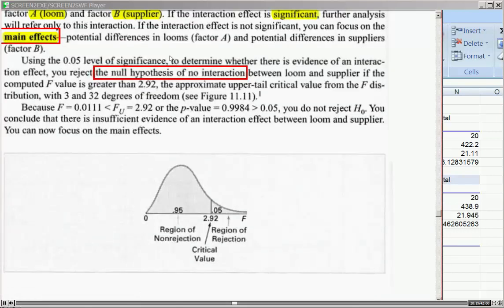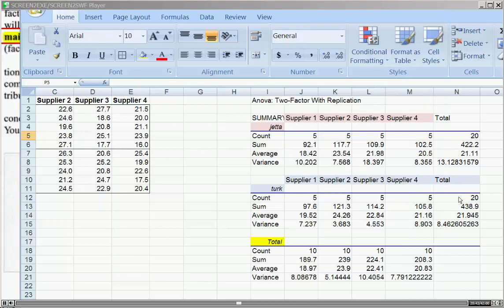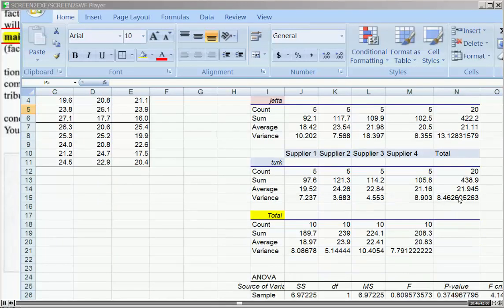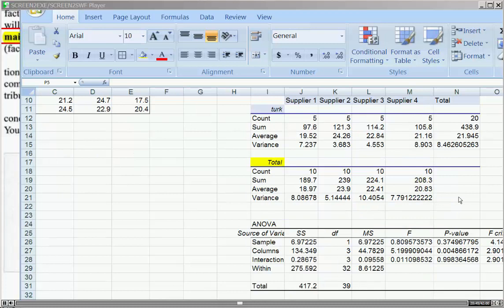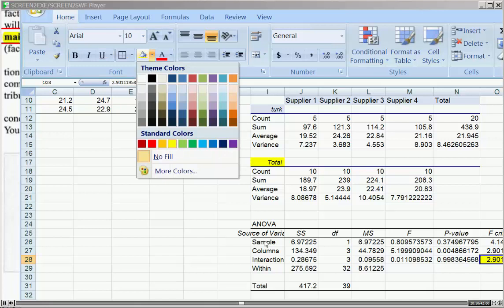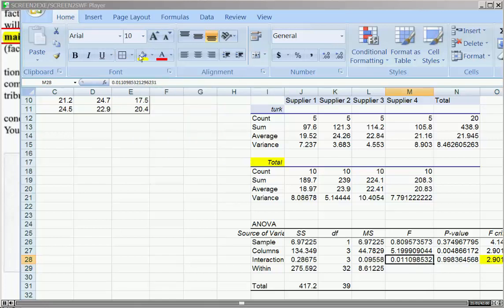Okay, using 5% level of significance to determine whether there is evidence of an interaction effect, you reject the null hypothesis of no interaction between loom and supplier if the computed F value is greater than 2.92. Where is 2.92? Here. This is the critical value and the computed value.